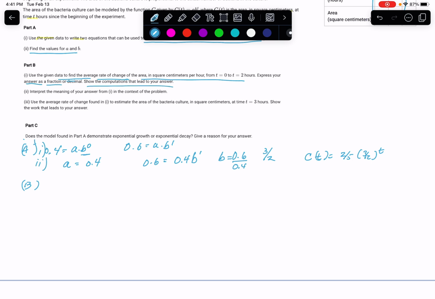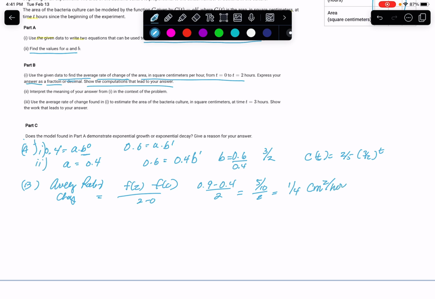So we would say the average rate of change equals f of 2 minus f of 0 over 2 minus 0. So 0.9 minus 0.4 over 2 is 5/10 over 2, which is 1/4 centimeters squared per hour.